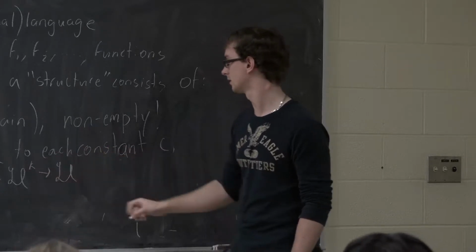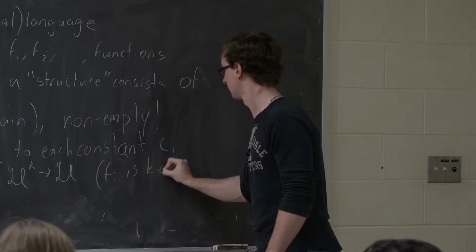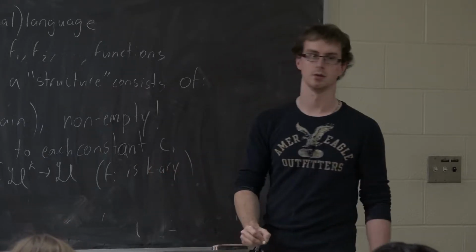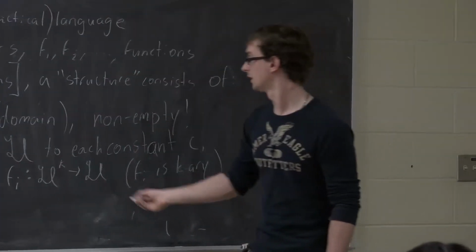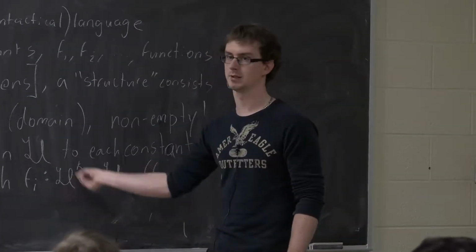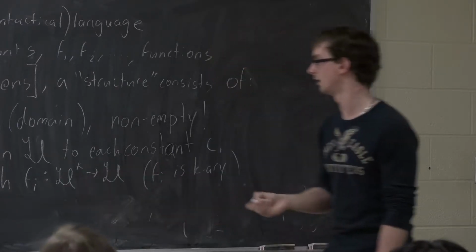It takes k arguments. Right, so in the number theory example, if we're looking at our addition function, k is 2. It maps two elements in our universe to some other element in our universe that is going to be the addition of those two elements.